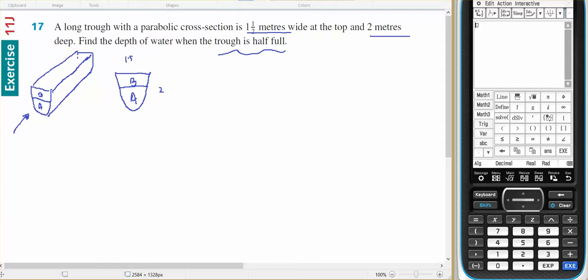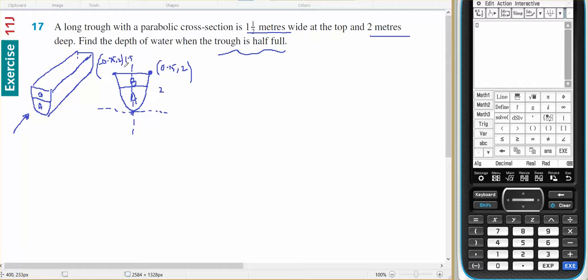So what I'd like to do is place an axis, and if that's 0, then that coordinate there will be 0.75 and 2. That coordinate there will be negative 0.75 and 2.